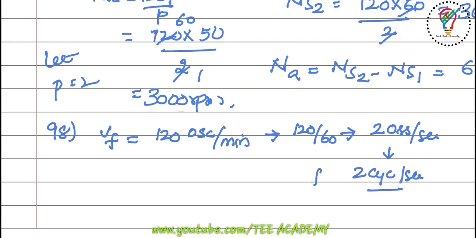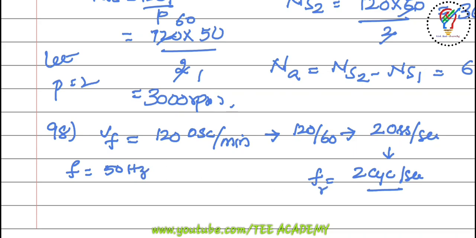Cycles per second is nothing but frequency. Now, what they ask is the actual frequency. The actual frequency f is equal to 50 Hz, which is given. So this is the rotor frequency.